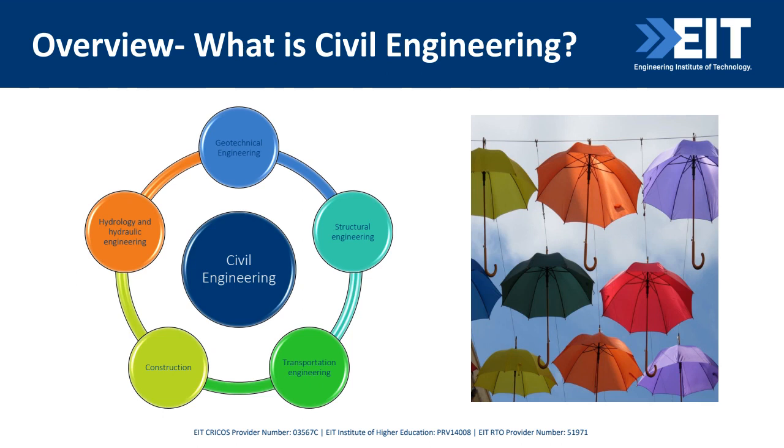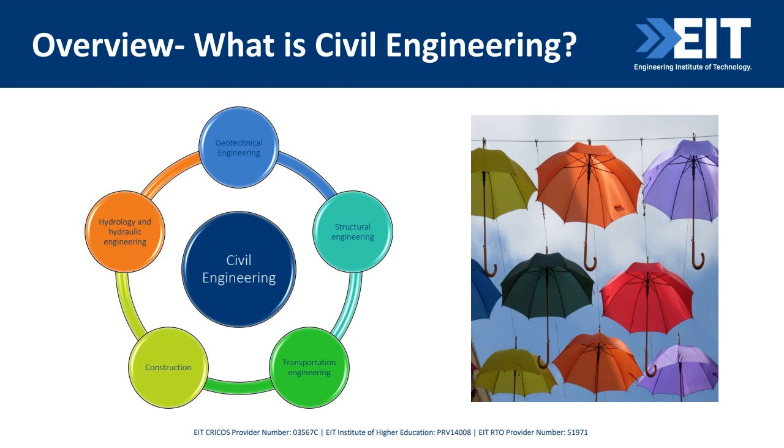Technically, civil engineers must consider so many different factors in their work. As Dr. Anna already mentioned, this is the umbrella of civil engineering, and under this umbrella you will find several subdisciplines. Hydrology and hydraulic engineering involves handling of water resources. Geotechnical engineering deals with the behavior of soil and rock.